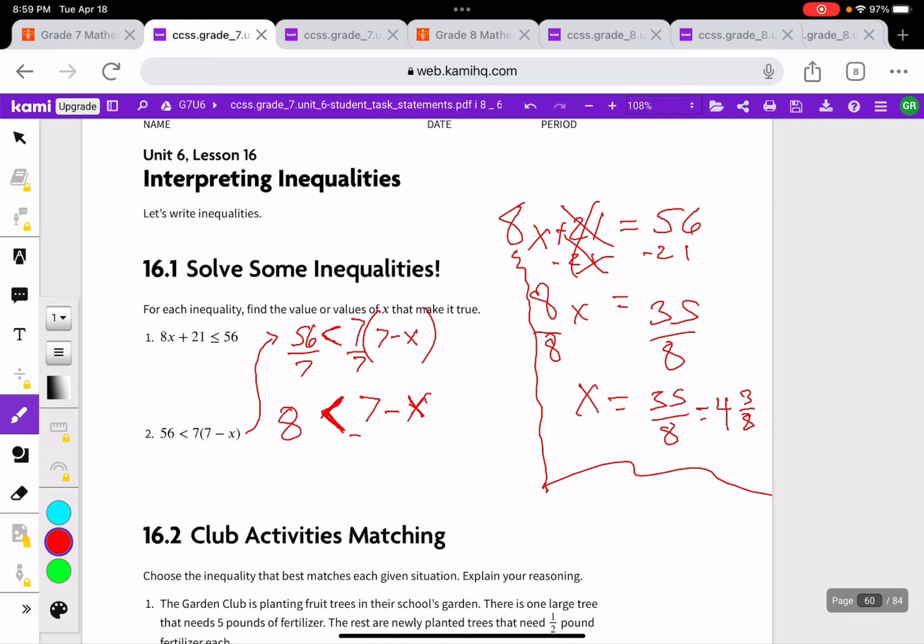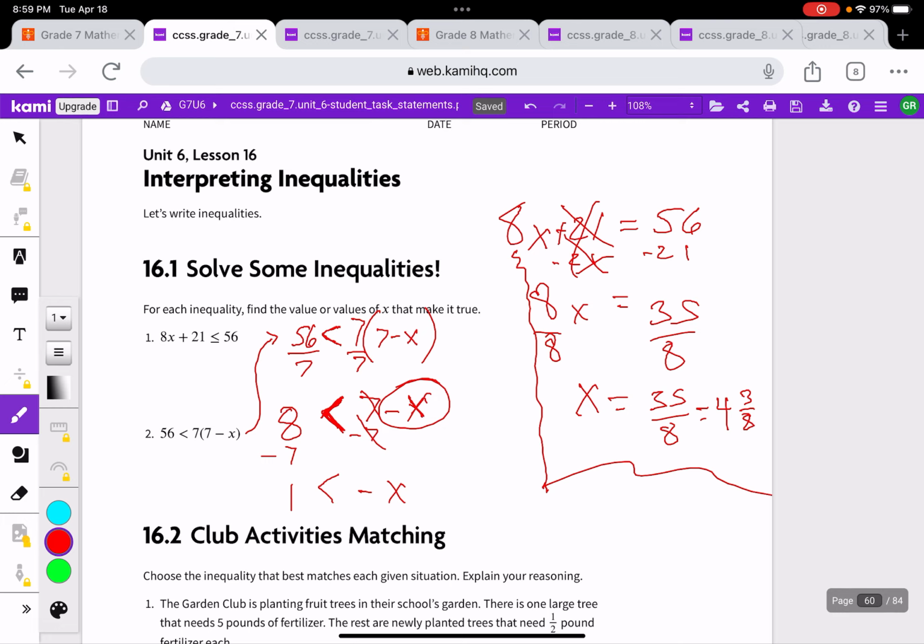I need to get rid of 7 from each side. 7, take away 7, and those cancel. 8 minus 7 is 1. And now I have a minus x left over on this side. Notice that minus x is still on that side.